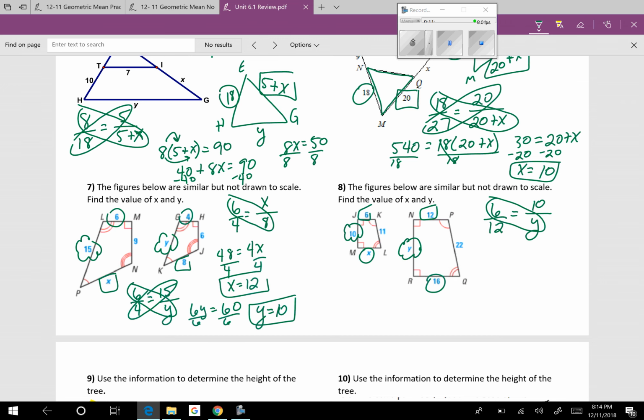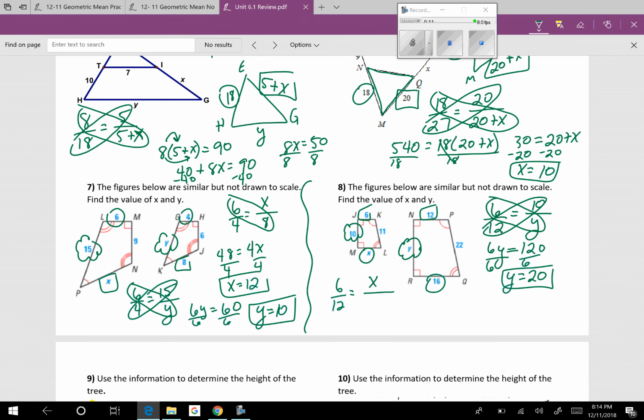So cross multiply. 6 times y is 6y. 12 times 10 is 120. So divide by 6. So 120 divided by 6 is 20. So y is 20. Now let's go and we'll do x. So we'll keep using the 6 over 12. And then now we need our ratio for the x.